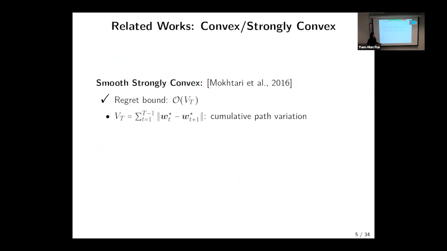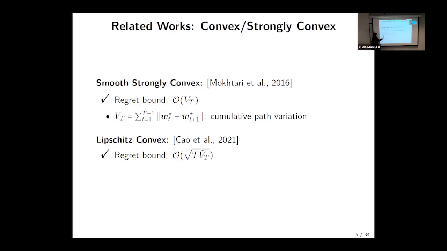Before I talk about quasar-convexity, let me show you some existing results for function classes that have been discussed in the online optimization literature. The most standard one is the strong convexity result. When assuming it is smooth, we would have a regret bound in terms of the cumulative path variation. They consider the full gradient, so they don't have any noise or error here.